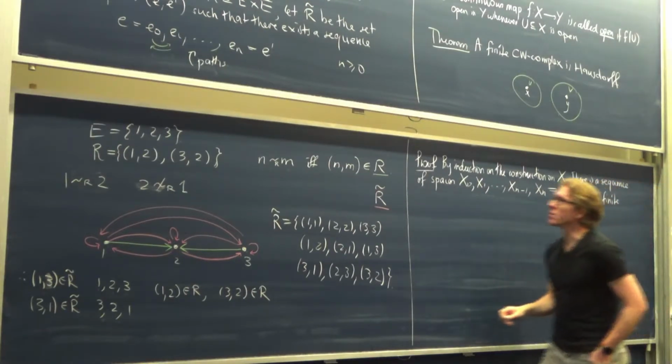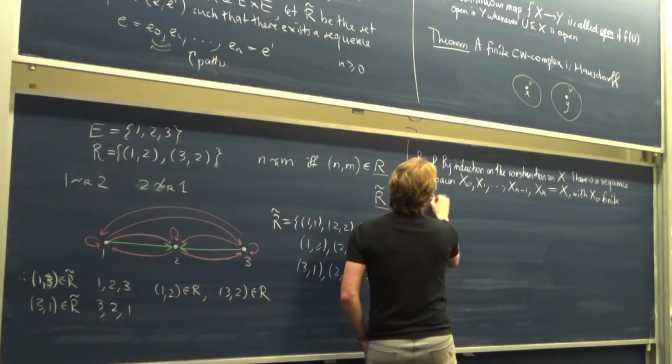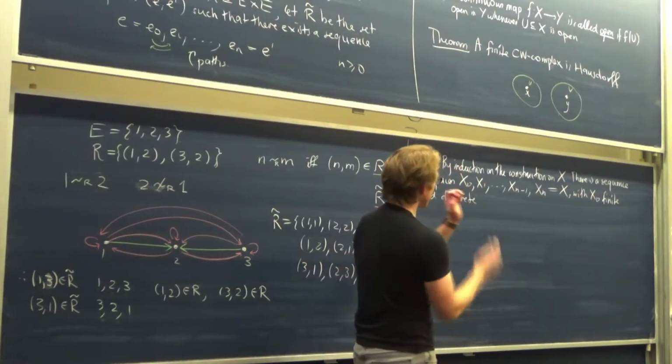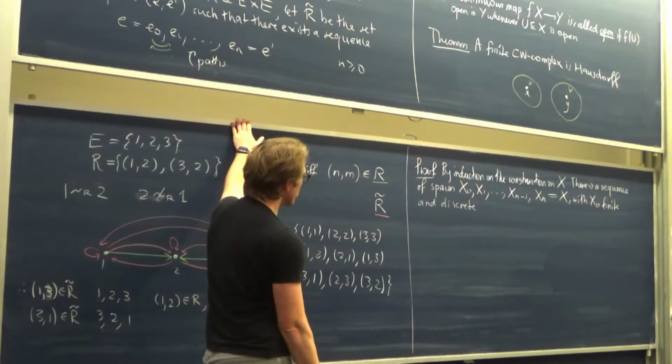Well, discrete means every set is open. In particular, singletons are open. So if I have two distinct elements of x0, just take the singletons. They're open neighborhoods and they're disjoint. So x0 is trivially Hausdorff.